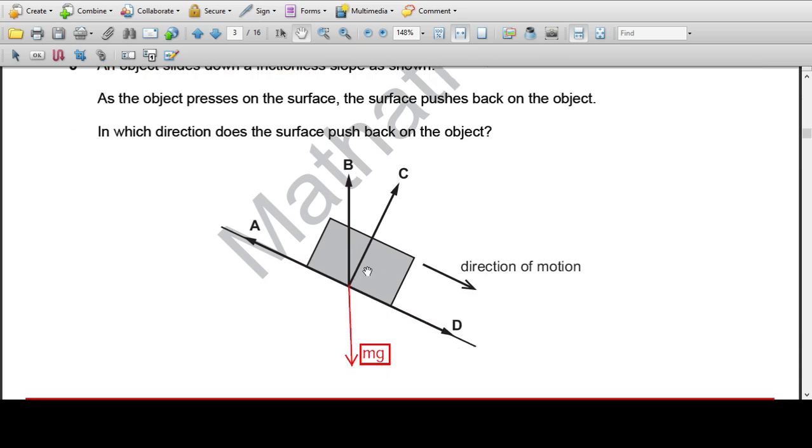So if the object is placed on a horizontal plane, this would be the normal force. But since the object is placed on an inclined plane, the normal force is always in the direction perpendicular to the surface. So option C is correct.